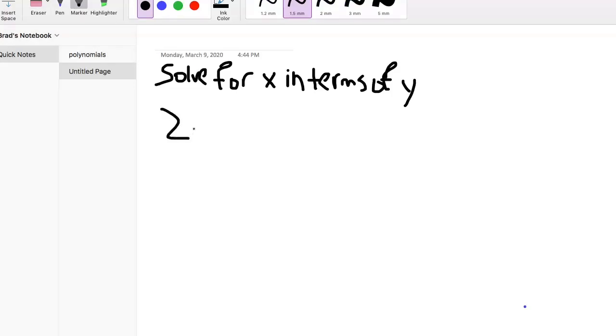So they want us to do 2x plus 2y equals x minus 5. Okay, so solve for x in terms of y, right? So this means, again, really the same process. We want to get rid of the x on the right side and get that y that's on the left side over to the right, okay?